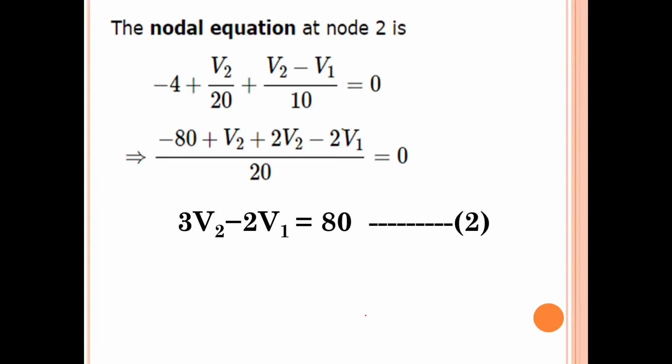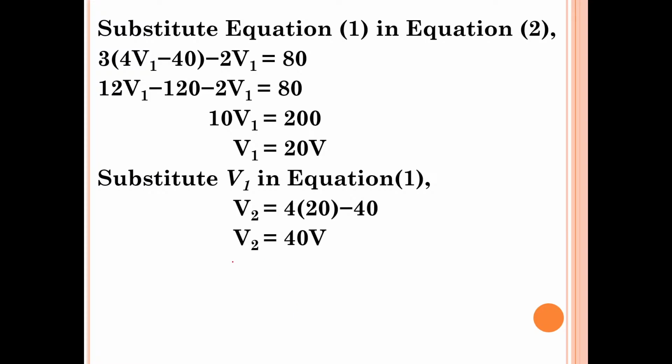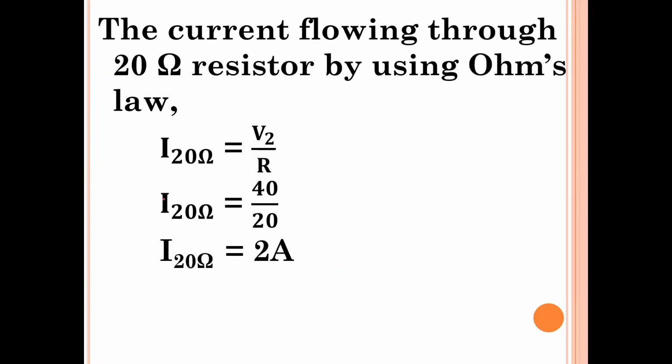What is the V2 value? V2 is 40 volts. So 40 divided by 20. So you will get 2 amperes, the current flowing through 20 ohms. So you can determine the current flowing through any element. You have node voltages, so you can determine the current flowing through any element here.